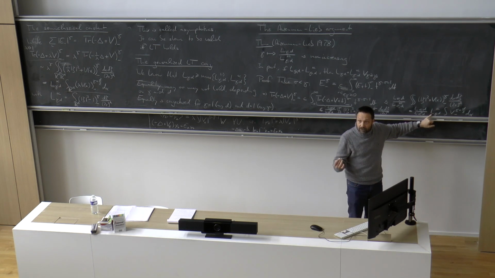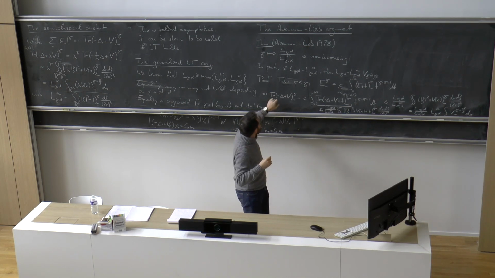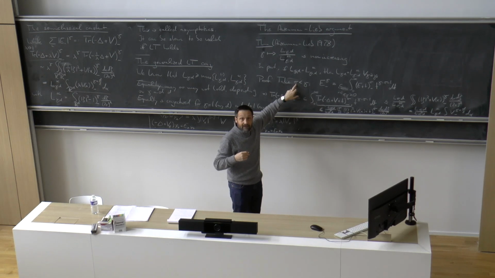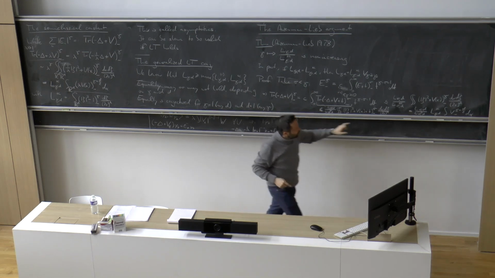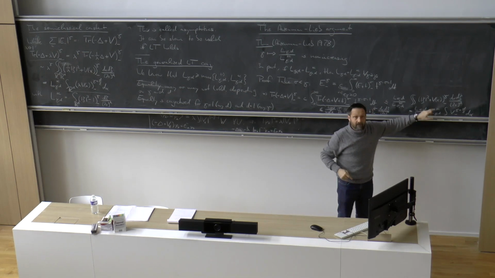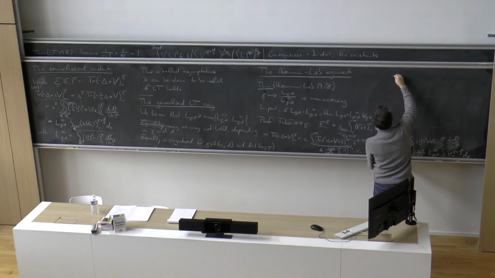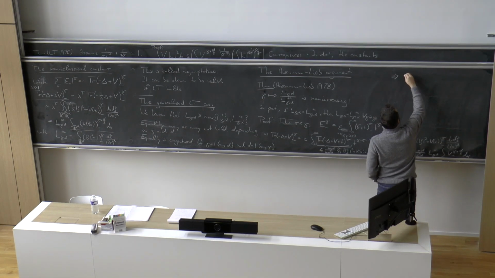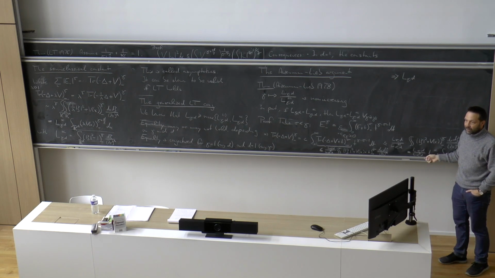So what I've shown you is that if you have Lieb-Thirring at the smaller value sigma, then you get Lieb-Thirring at any larger value gamma with that constant. So I've shown you that the optimal Lieb-Thirring, I mean, this may or may not be the optimal Lieb-Thirring constant.